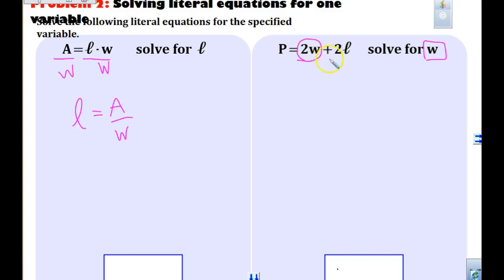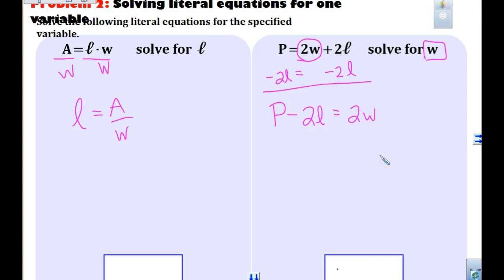So how do I get rid of this adding 2L? Subtract 2L. So we're going to minus 2L, and we're going to do that on this side of our equal sign. And on this side, are these like terms? The P and the 2L? No. So we're going to write it as P minus 2L equals 2W.